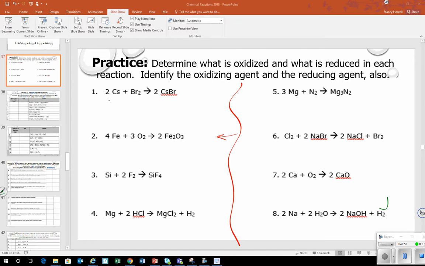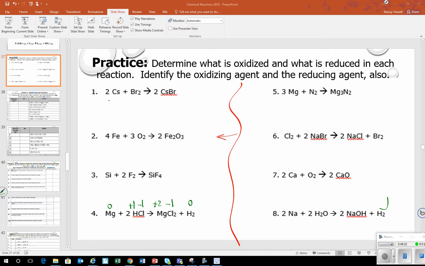Okay, so you had one to do too, right? Number 1? Okay, so this is actually 0. Any element by itself is 0. It's in the rules, but any element by itself is 0. When it combines, it's a +1. So this becomes a +1 here, and that means bromine has to be a -1 to make it add to 0. Now cesium, connect cesium with the lines.